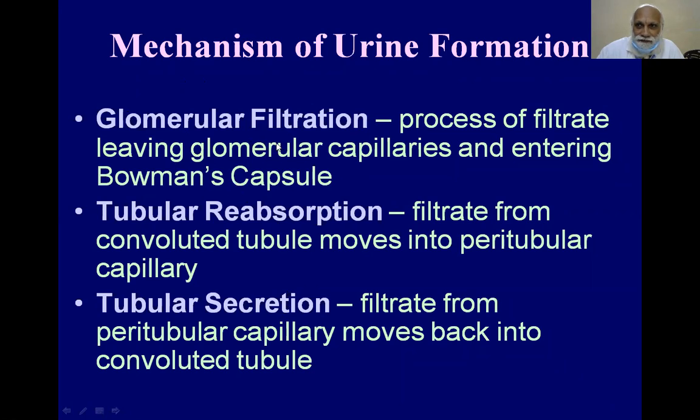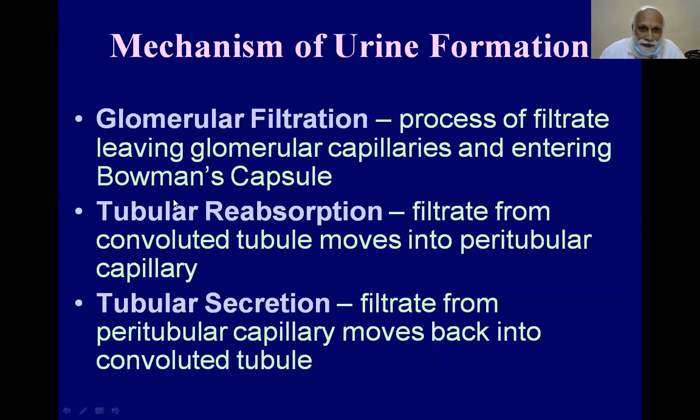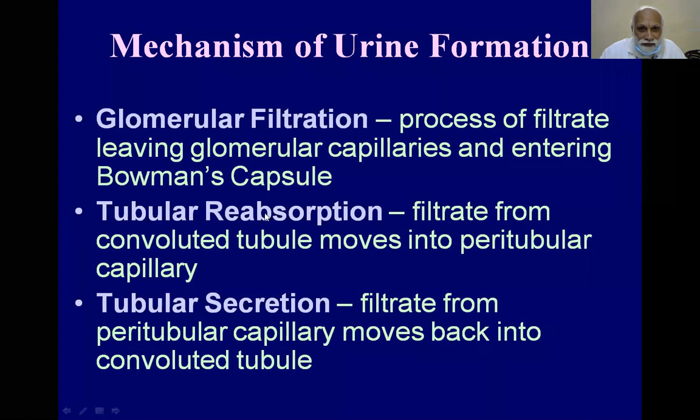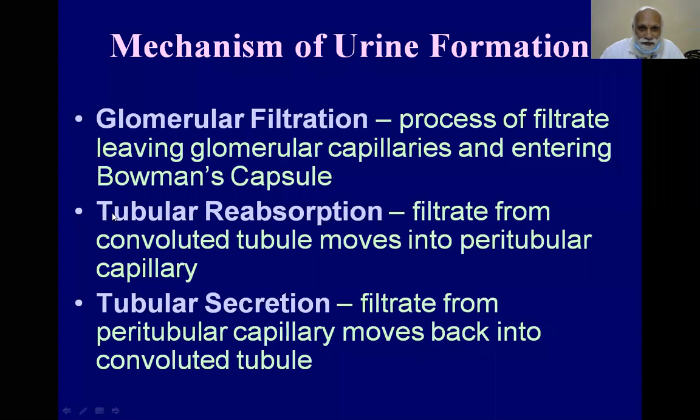Glomerular filtration is the first step. Then, as the filtered fluid goes into the tubular portion, there is reabsorption or secretion in the tubules. So, tubular reabsorption and tubular secretion can go on.